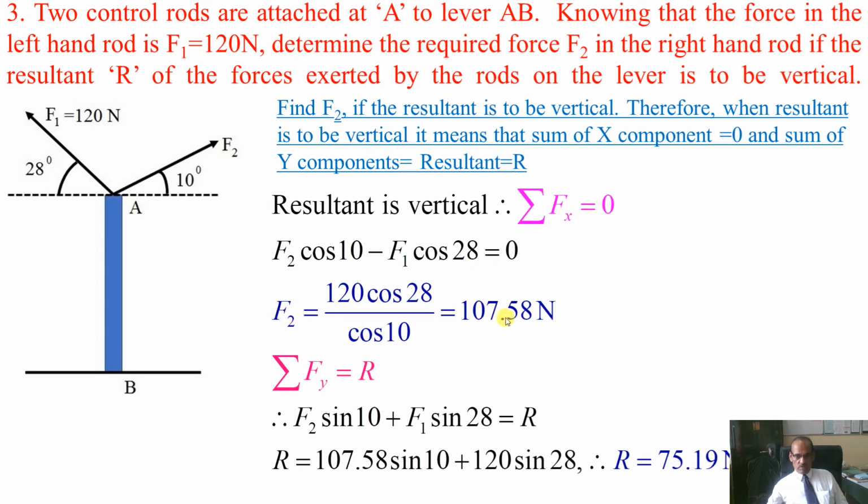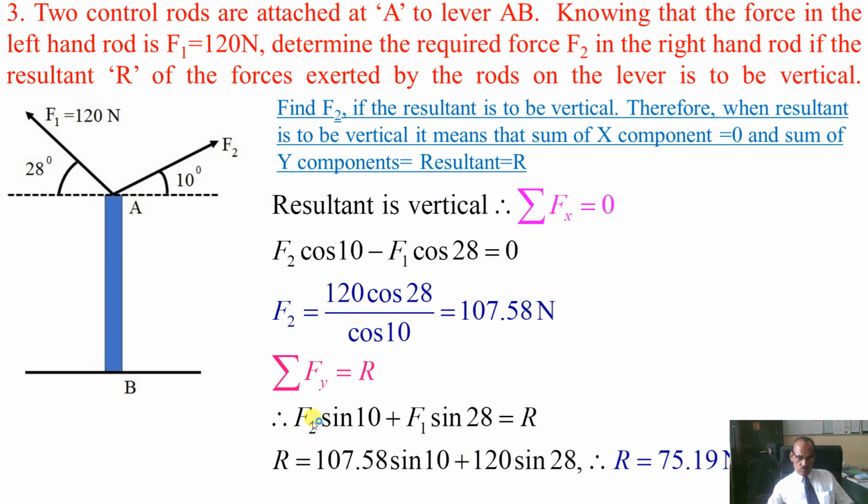equals to 107.58, and summation of y is equal to the resultant. So F2 vertical component will be upwards, F2 sin 10 plus this component 120 sin 28, that will be upward, will be equal to R. We know F2, we have calculated 107.58.